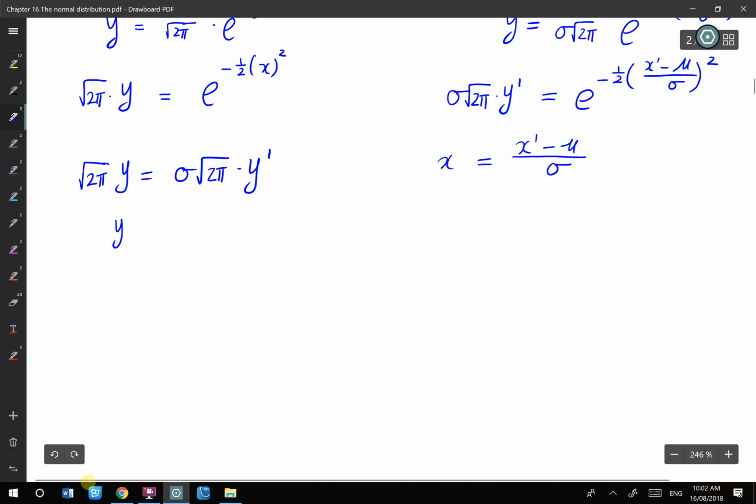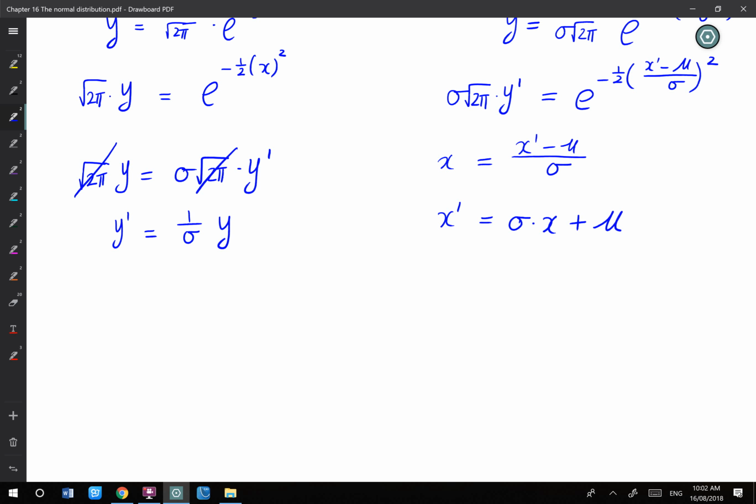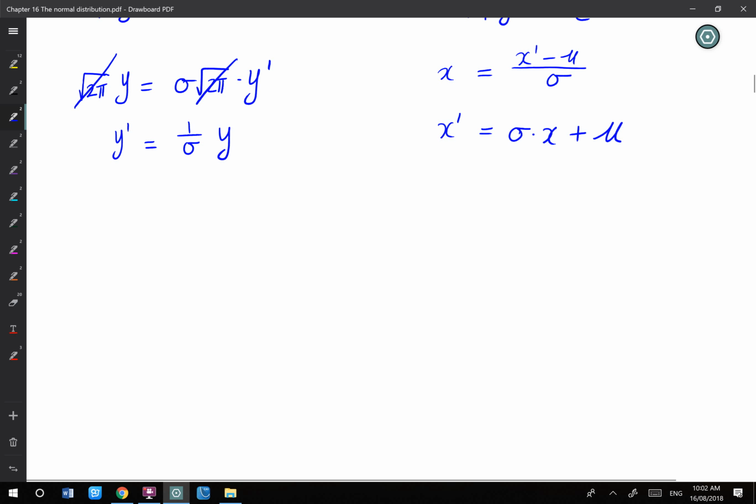What I can see is y dash equals, with root pi on that side, 1 over sigma times y. For the x dash side, it is sigma times x plus mu. There's not really a reflection, it's just dilation and translation.